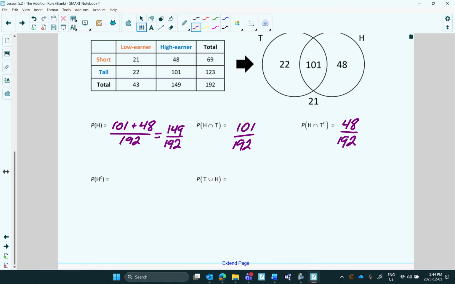This one outside the H, be careful with this one. You have to add 22 and 21. Everything that you see outside the H circle. You get 43 over 192.